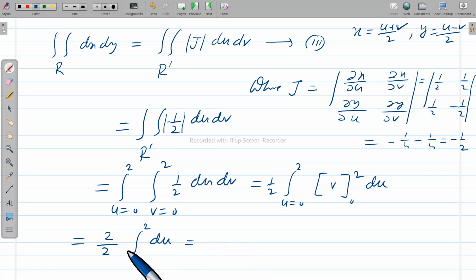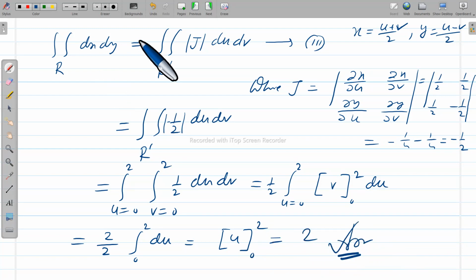That is, it comes to 1. Is it clear? Upper limit minus lower limit, 2 minus 0, it comes to 2. 2 adjusted here, like 2 by 2. Then again it is coming 1. That is, your integration is 0 to 2. Ultimately 2 is the answer. So this is the formula by which we can transform it.